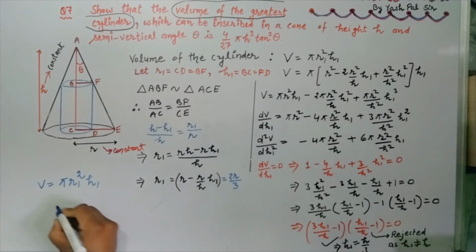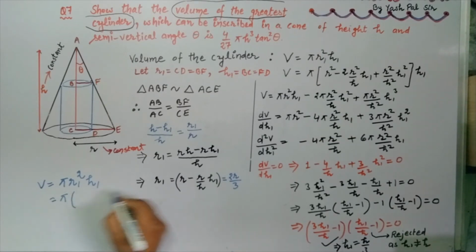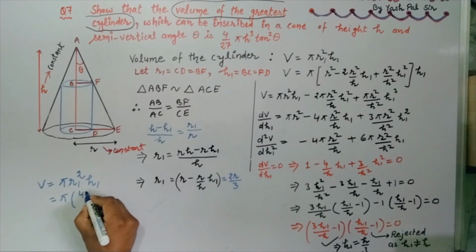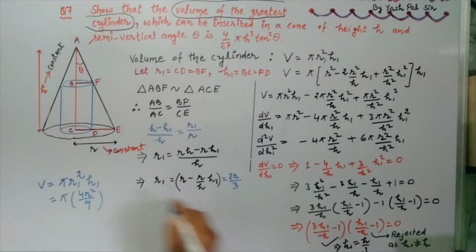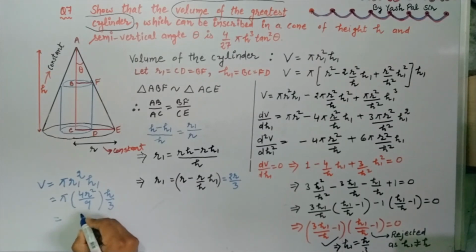Okay, so here this is equal to pi, r1 mean 2r upon 3, which becomes 4 r square upon 9, and h1 is h upon 3, right? So ultimately this becomes 4 upon 27 pi r square into h, right?